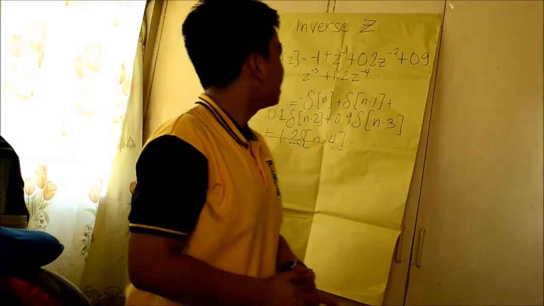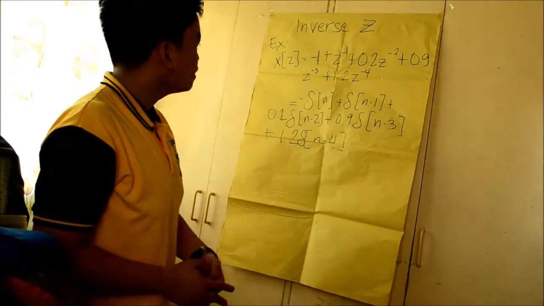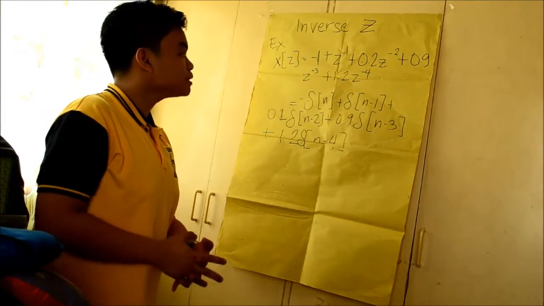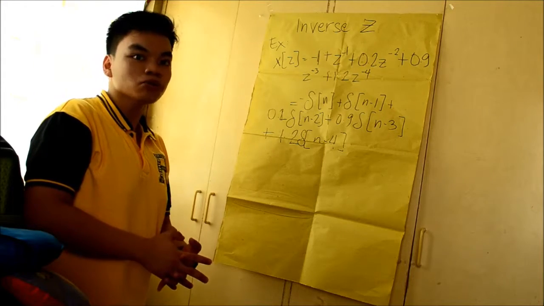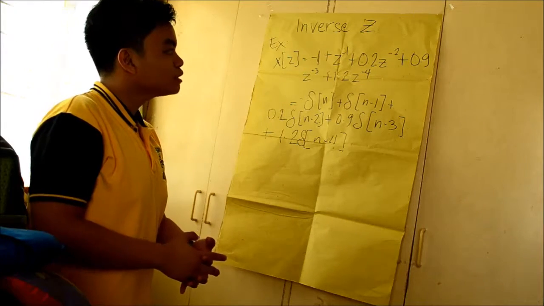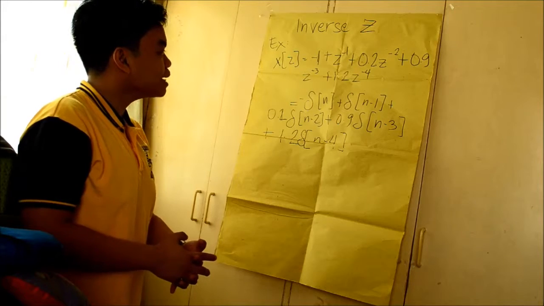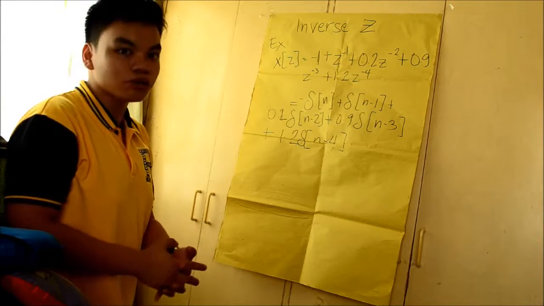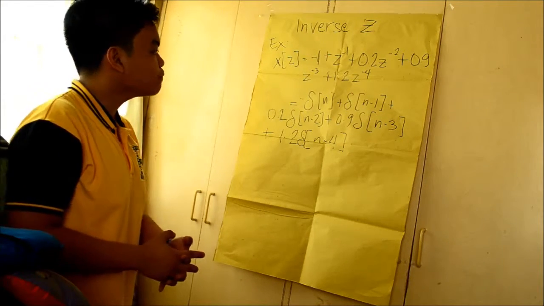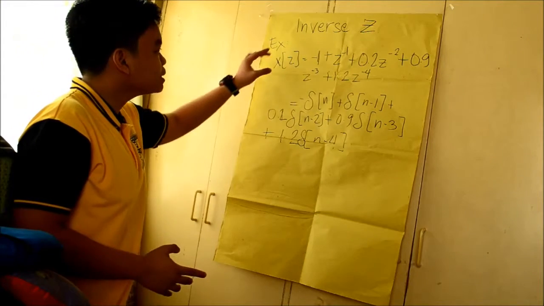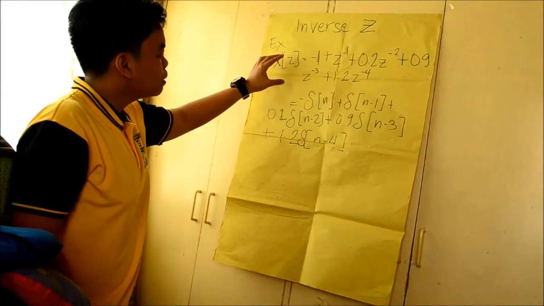For this part, we have inverse z. Example, X of z is equal to negative 1 plus z to the negative 1 plus 0.2 z raised to negative 2 plus 0.9 z raised to negative 3 plus 1.2 z raised to negative 4. We will invert this z form into this.